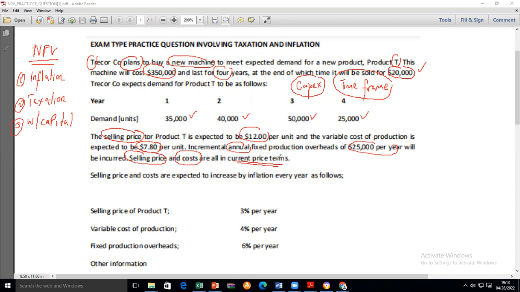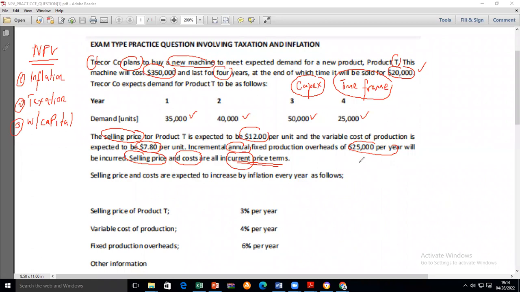Well, the meaning is that inflation has not been captured. In other words, if all these things took place today, that's what we expect. So that's the expression current price terms. So we are saying we're not using the future prices, we're using the prices today.